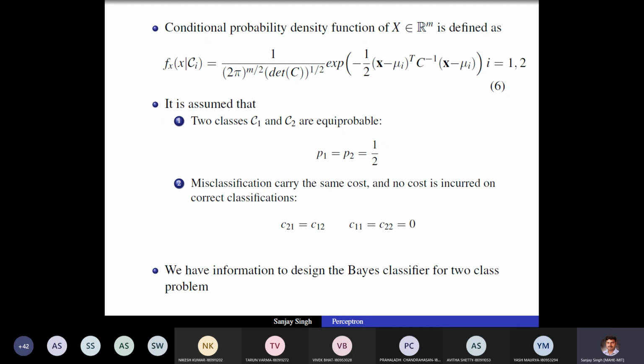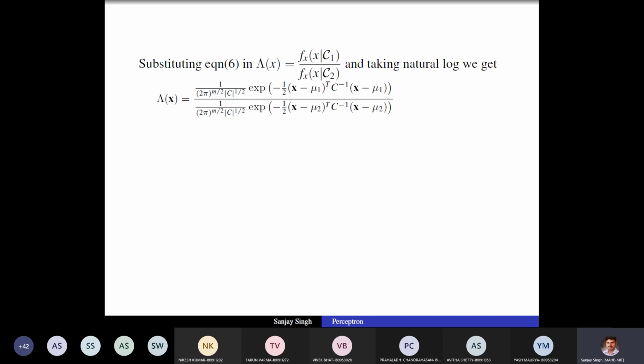Now with all these things, we have this multivariate Gaussian distribution, and we know P1, P2, and what the cost is. So we have sufficient information to design the Bayes classifier for the two-class classification problem. First we find the likelihood ratio, lambda x, which is f(x | C1) over f(x | C2).